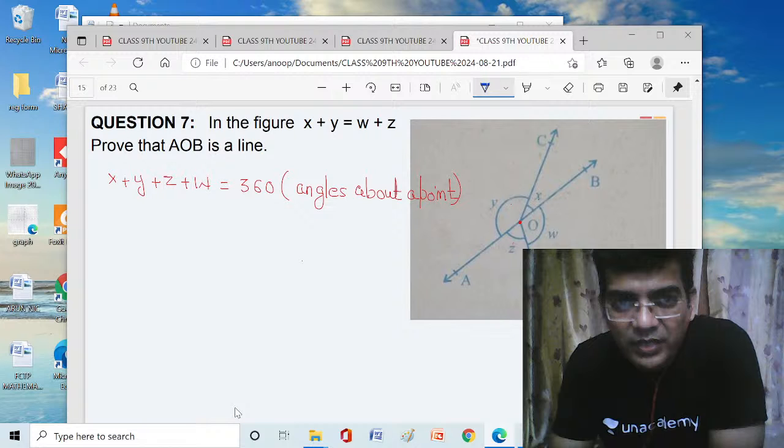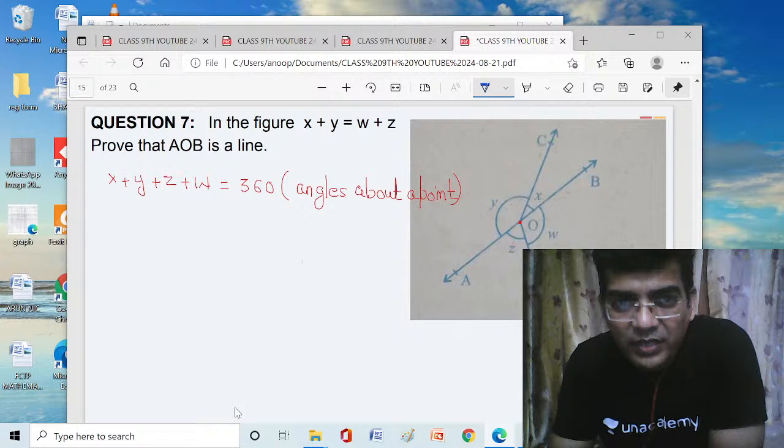Therefore, AOB is a straight line. So remember, first of all, we have shown that sum of x and y is equal to 180.